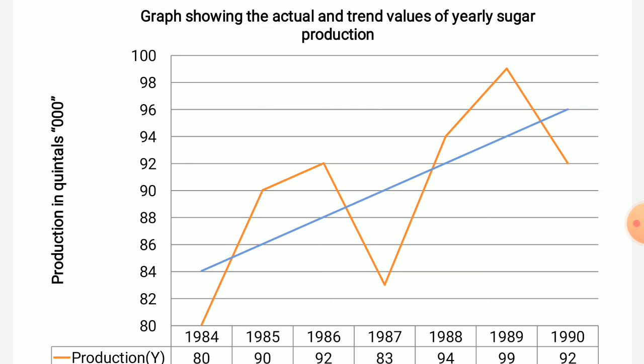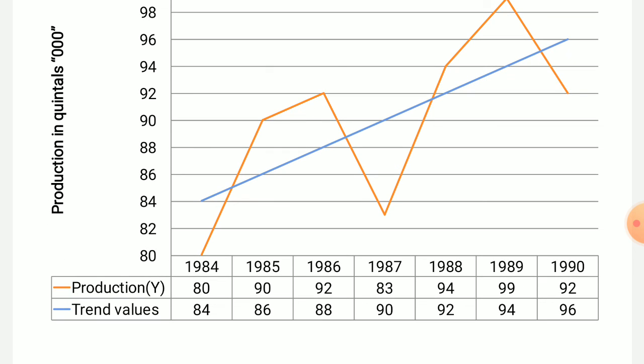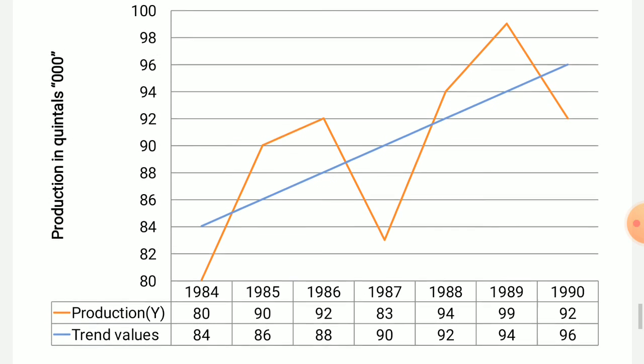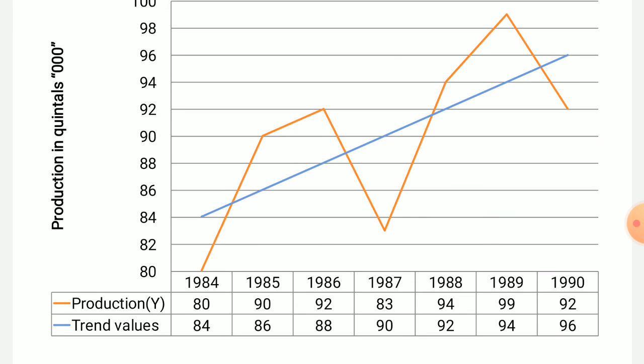Here is the graph showing the actual and trend values of yearly sugar production. In 1984 the production is 80, in 1985 it is 90, in 1986 it is 92, in 1987 it is 83, in 1988 it is 94, then 99, and 92.